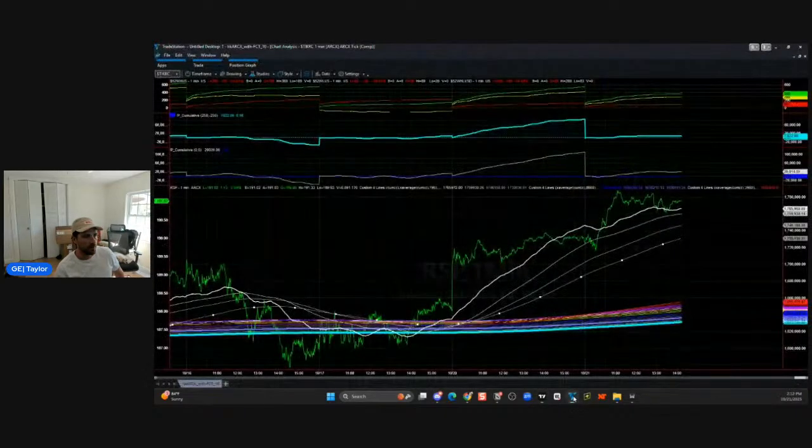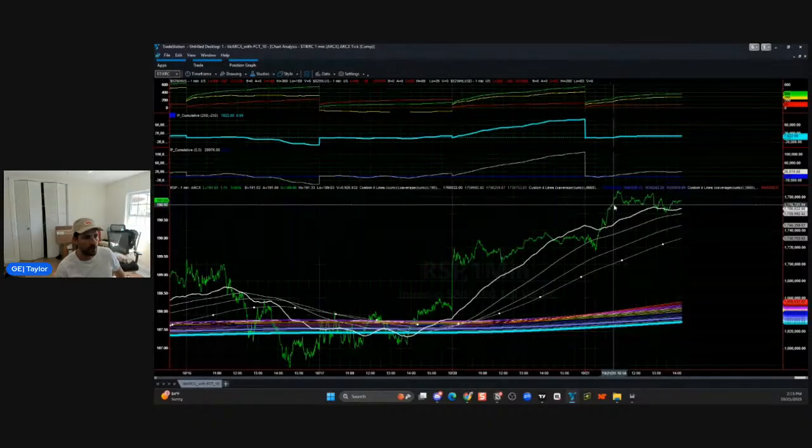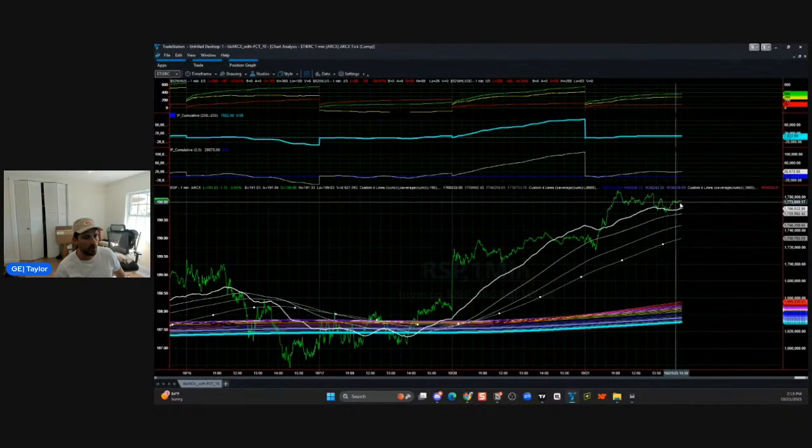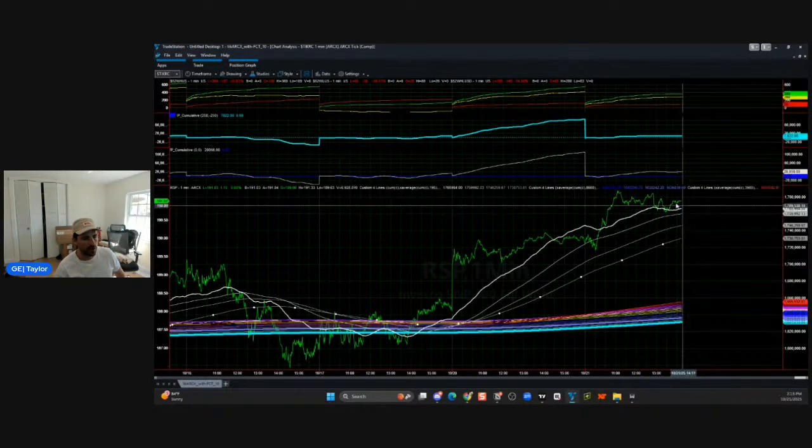Let's get back to the tick. Yeah, tick is still flat as a pancake. RSP, which is the neon green, is kind of just flat on an intraday basis, right in the middle of the range.